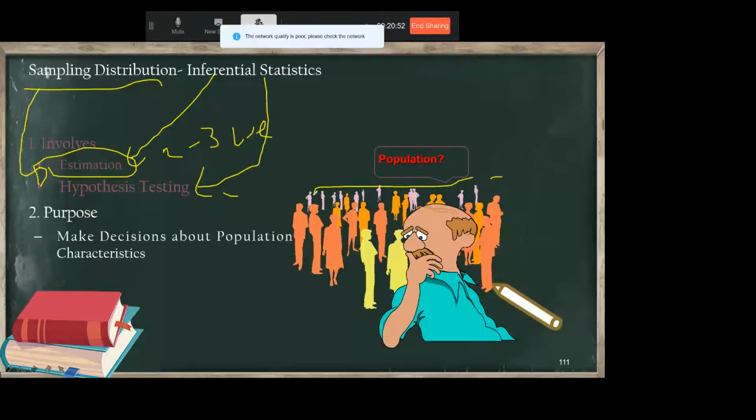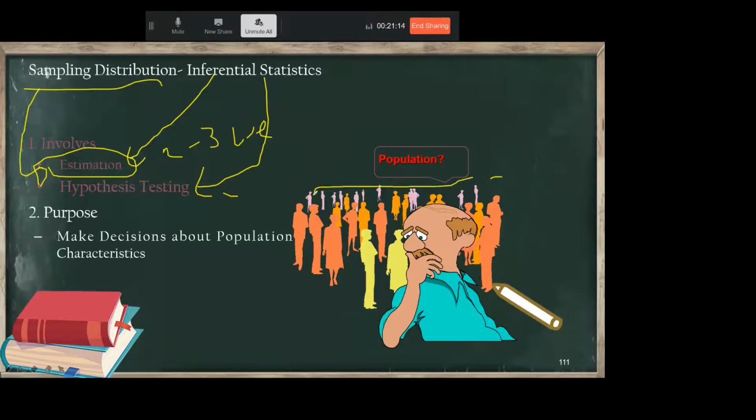So these are the attributes of the population in which we are interested, in order to find out some conclusions. Those conclusions can be considered as inferential statistics.